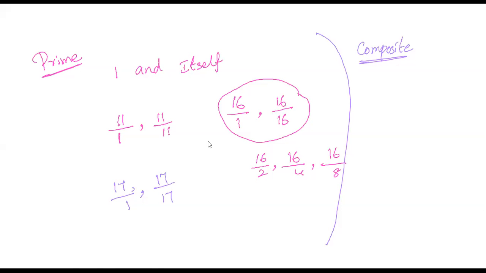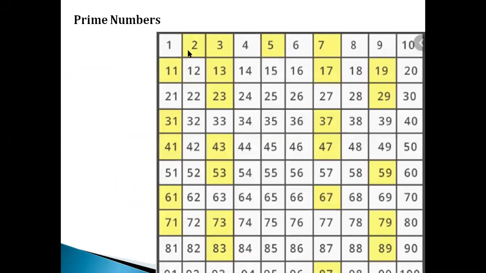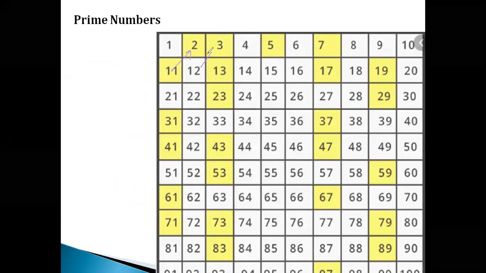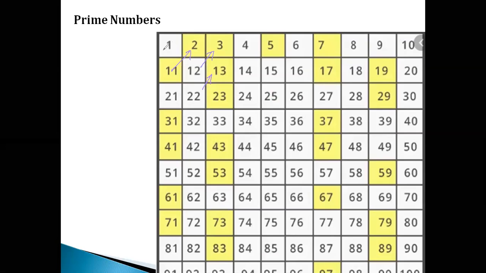Yeah, you can see this. In this, the yellow shaded numbers are the prime numbers. You might get a question in exams: write down the prime numbers between 1 to 10, or between 30 to 40. So you need to write the yellow shaded numbers.